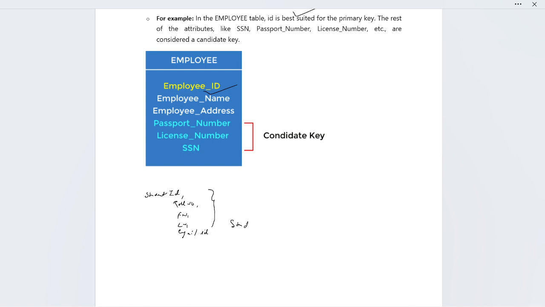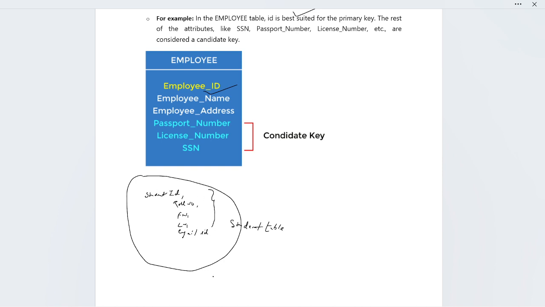Initially, these are all candidate keys. This is my understanding about the candidate key and primary key.